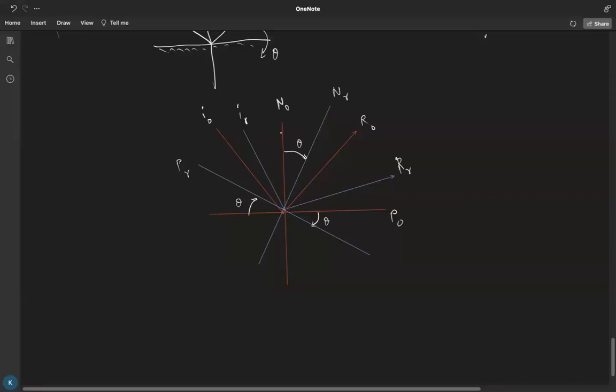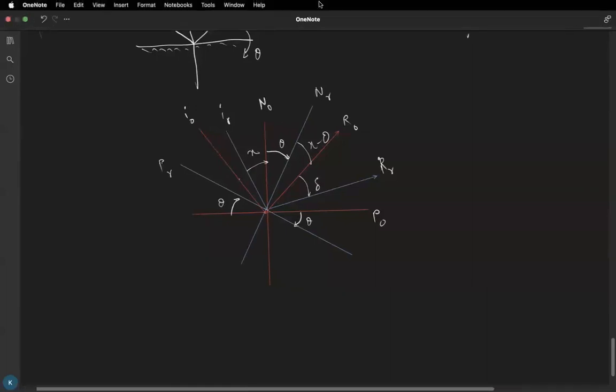If this is x, because we don't know by how much the angle of incidence varies, then this angle is x minus theta, because we have to maintain the angle of incidence equal to the angle of reflection for the laws of reflection to be valid. And this is our deviation del.